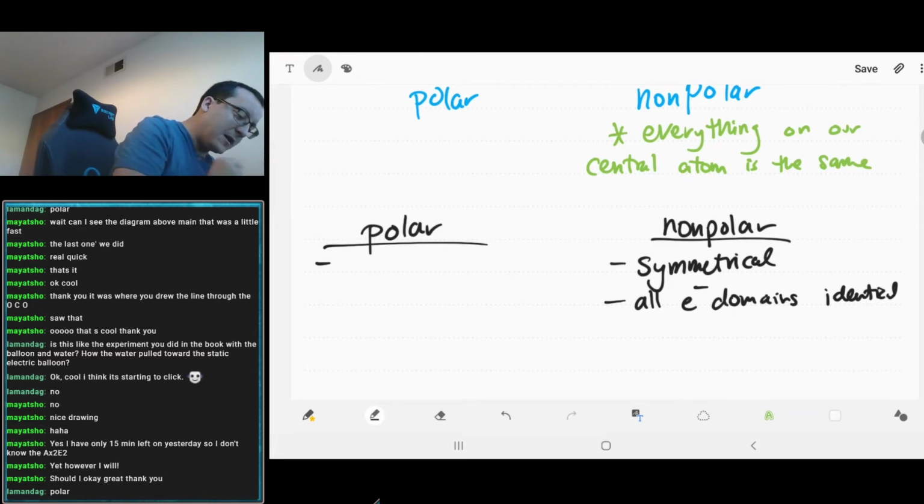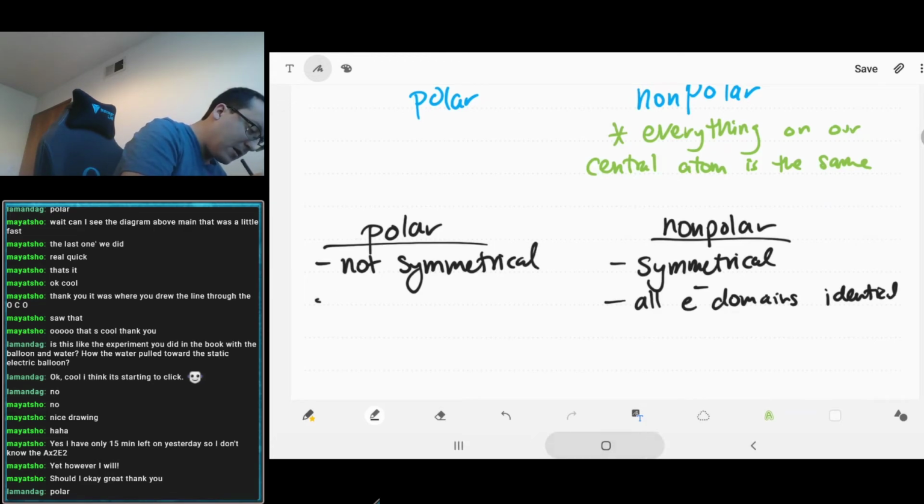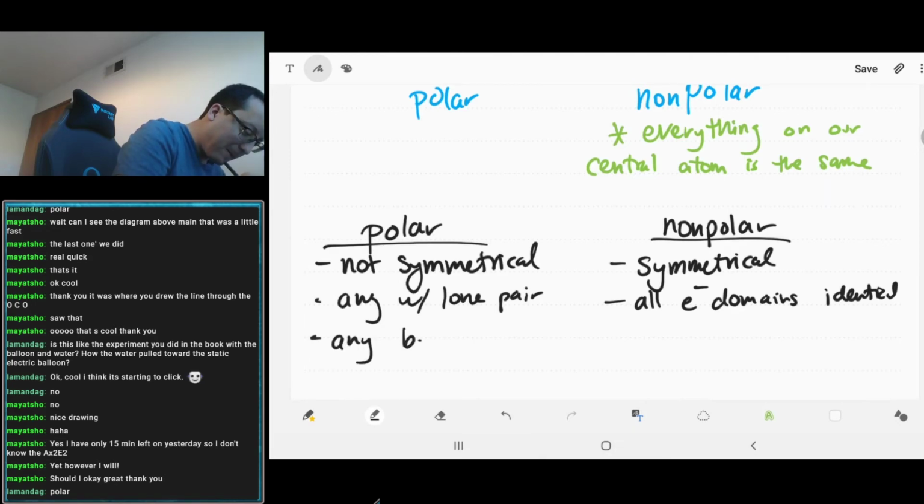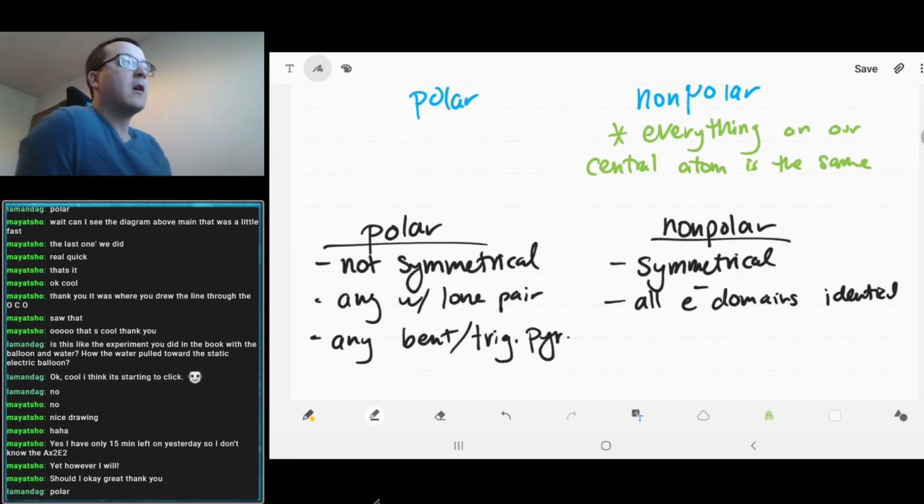Whereas with a polar one, we saw that this was not symmetrical. Or it could have anything with a lone pair. Any that are bent or trigonal pyramid will be polar.